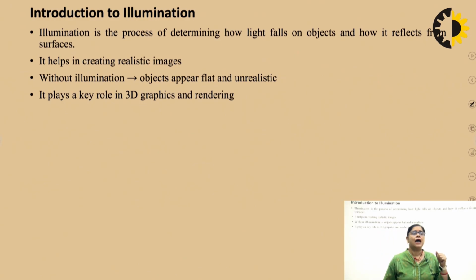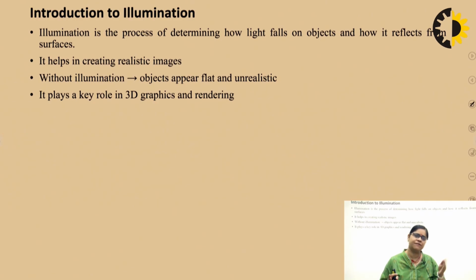Clear? Without illumination, objects normally appear flat and unrealistic. Just imagine, if the light is not reflecting on an object, how will it reflect back? If it is not reflecting back, we are unable to see a realistic image.